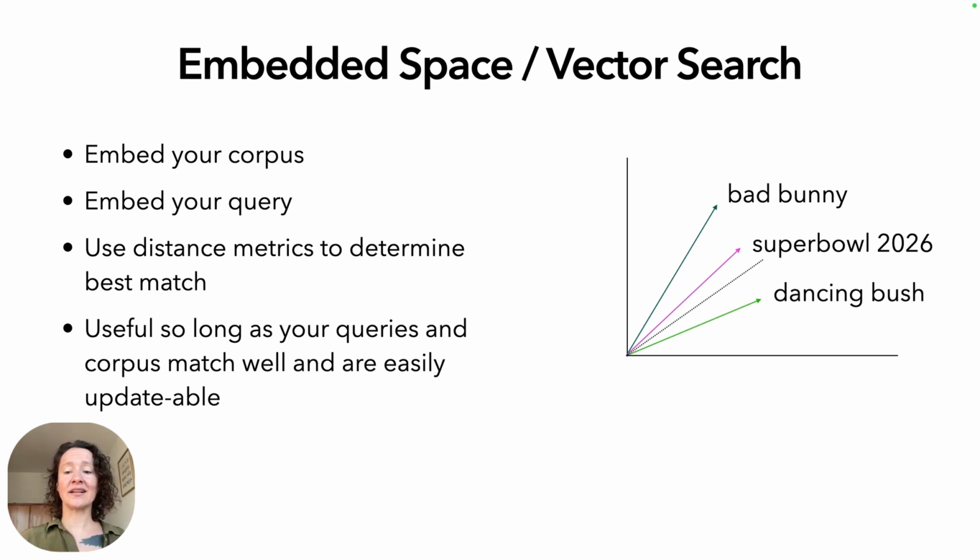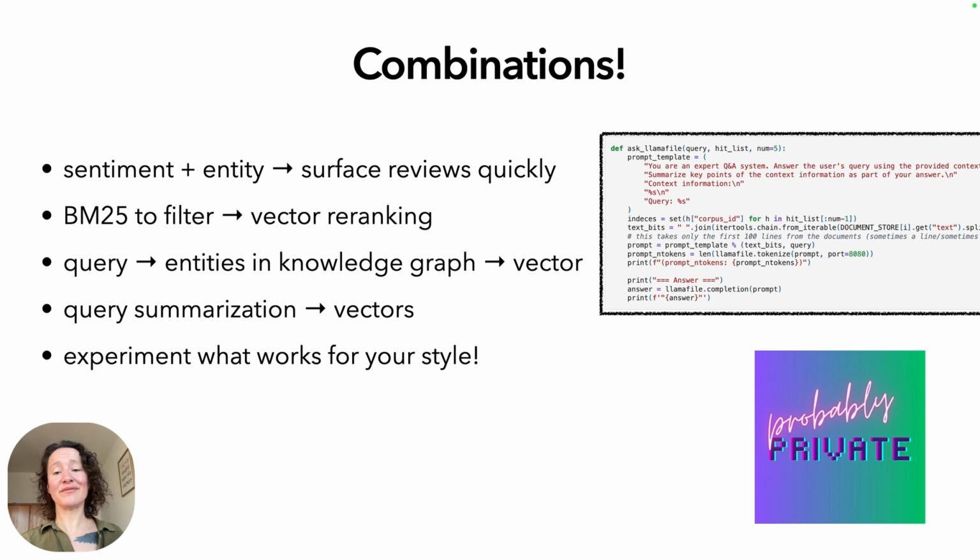And in my RAG, I compare the BM25 with this for different types of queries. And that's the beauty of this, is now that you know a bunch of these topics, you could actually combine them in really cool ways. So you could have sentiment and entity, so you could have entity-level sentiment.